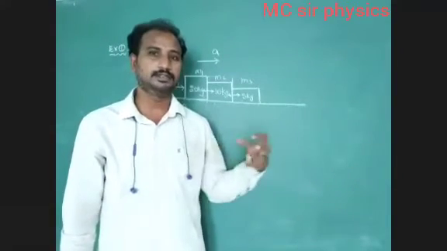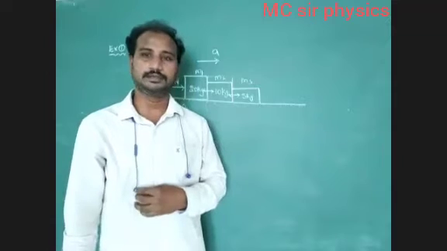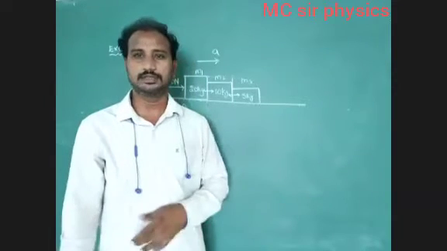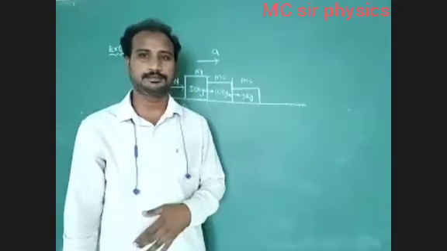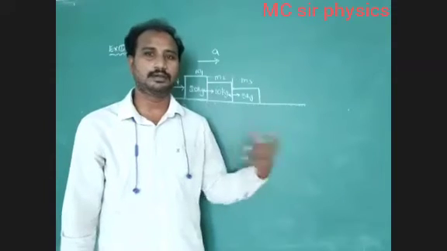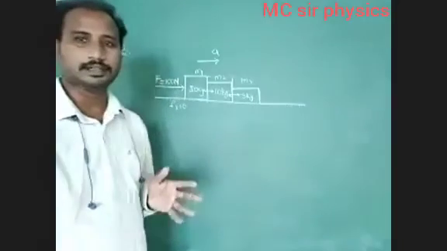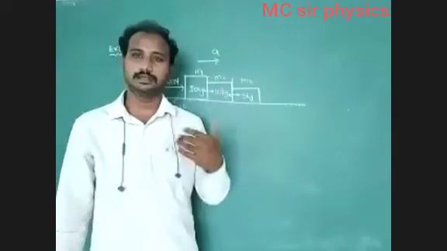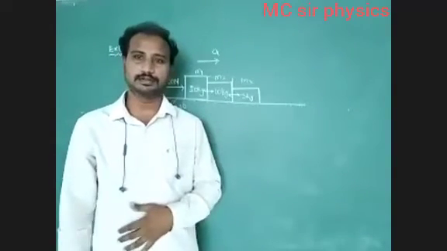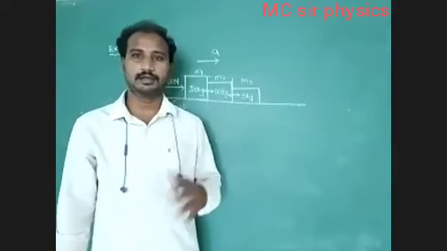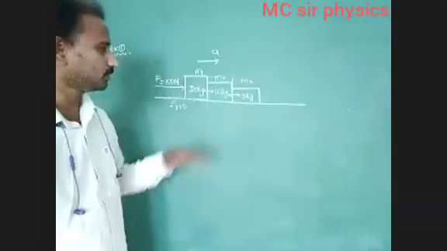Direct method is also used, and you can calculate directly, but you can follow the free body diagram techniques. It's easy to solve higher order thinking problems in IIT, JEE, and advanced level also. So you have to concentrate on these points.